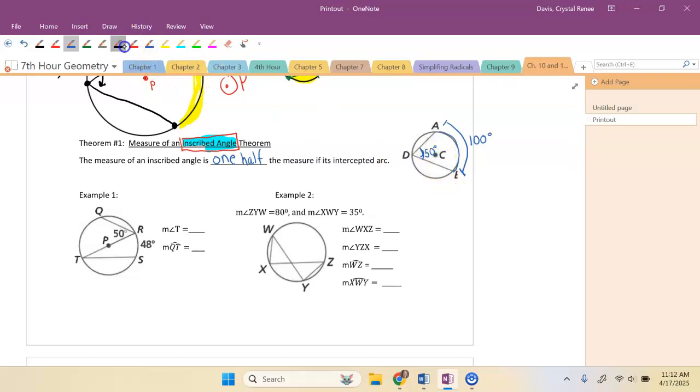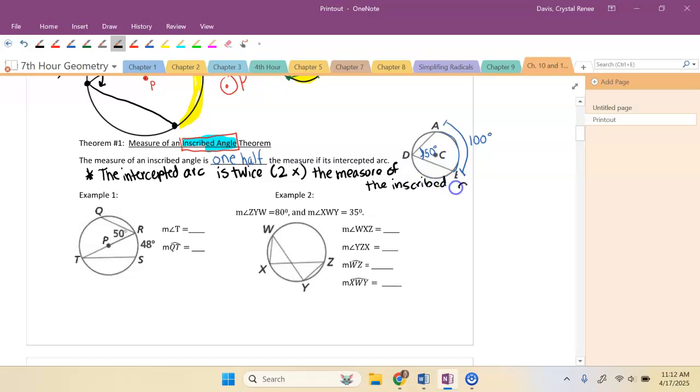Another way you can think of it that says the same thing is that the intercepted arc is twice the measure of the inscribed angle. Those 2 things are saying the exact same thing, just in a different way.